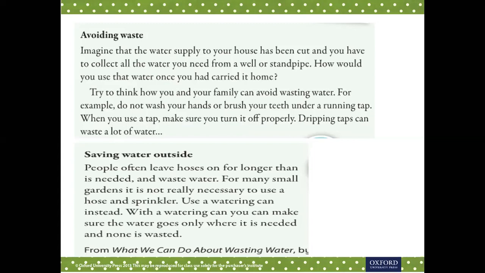So when you open it, use it, and close it, you have to make sure that you close it carefully, in a good way. So do not leave dripping taps, where the water drops after drops. That's another way of wasting water. So when you use it, it's much better to close it carefully so you can save water and avoid wasting it. Is it clear?